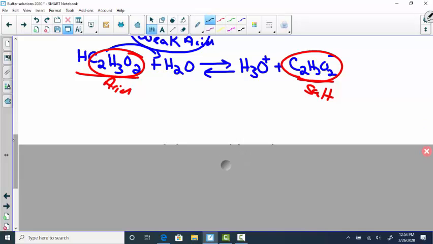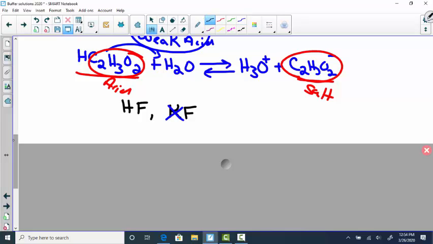So you can take any weak acid. So I could take HF, okay? And what would be a salt of HF? Pretty much throw any group 1 element in front of it. So KF would be its salt. Again, the K isn't going to matter in this case.